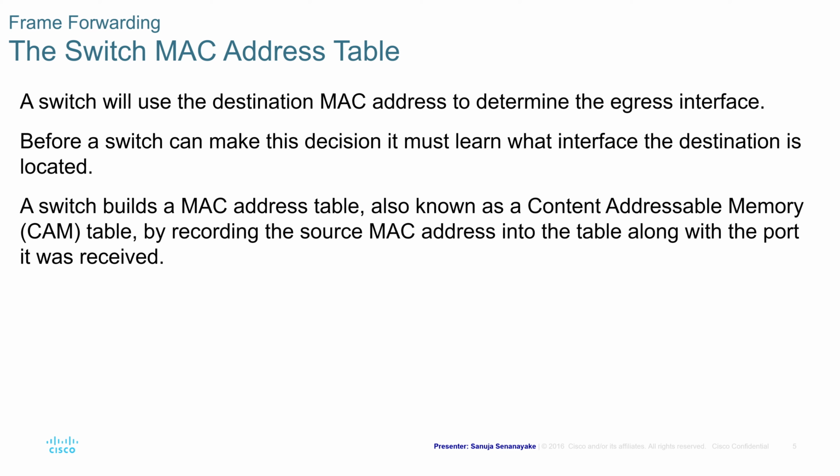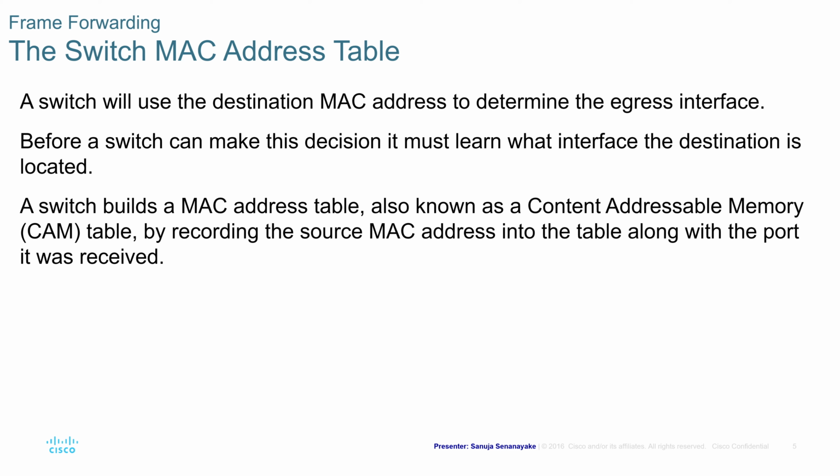So a switch will use the destination MAC address to determine the egress interface, as I mentioned before. However, before a switch can make this decision, it must learn on what interface the destination is located. A switch builds a MAC address table to do that, and this MAC address table is also known as a CAM table, or content addressable memory.